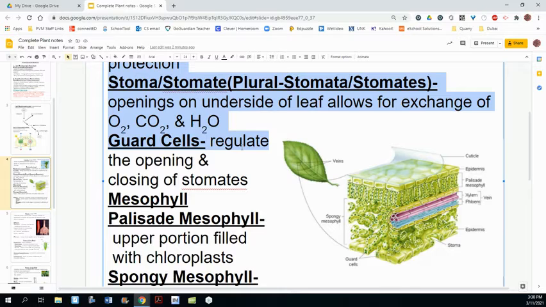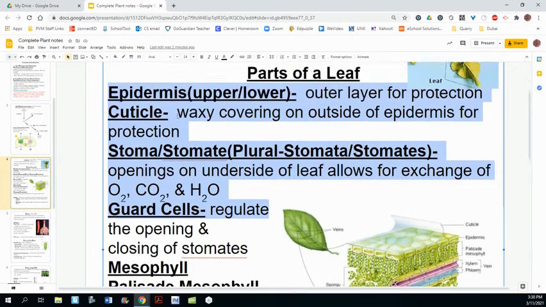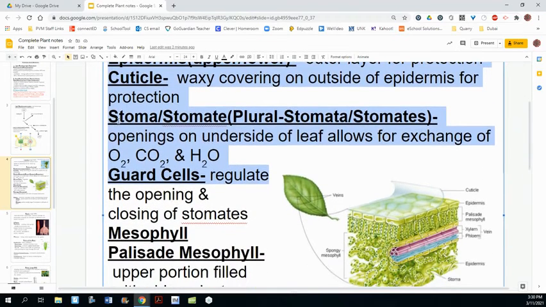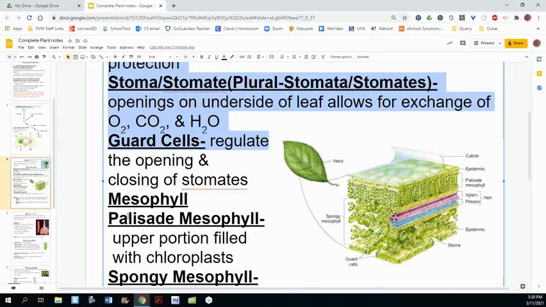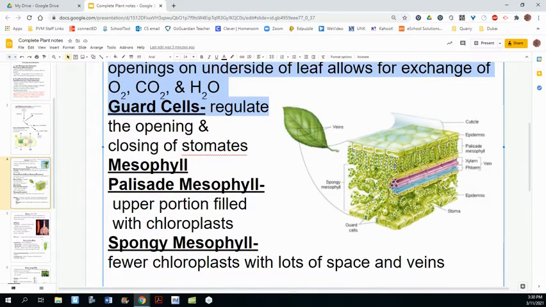But sandwiched in between this layer of epidermal cells there are guard cells. Well, okay, so this kind of jumps a little bit. I want to talk about the palisade layer first because I want to go from top to bottom.